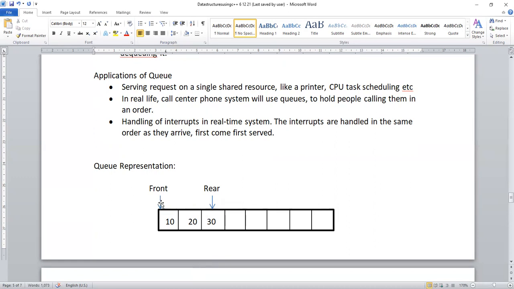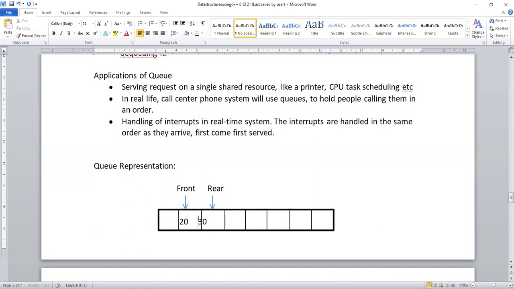Now, if I want to delete an element, the front pointer will move to the first place. Then what happens if the front pointer moves? This element will be deleted.